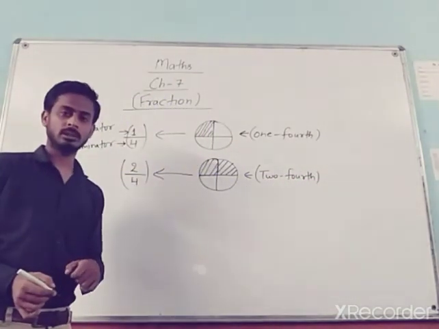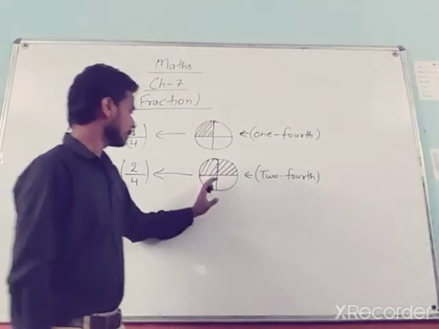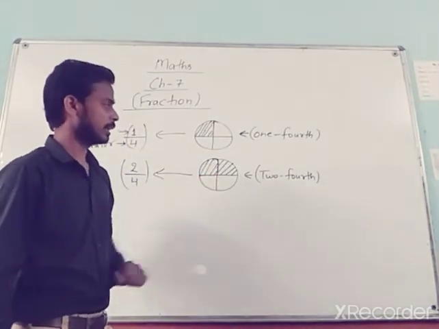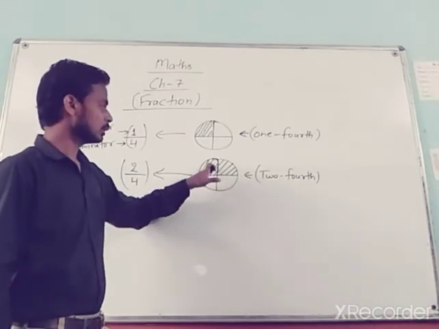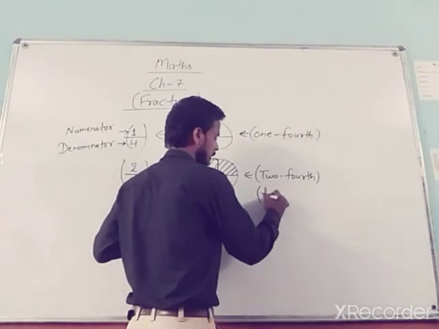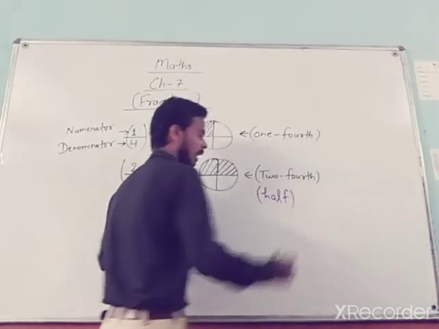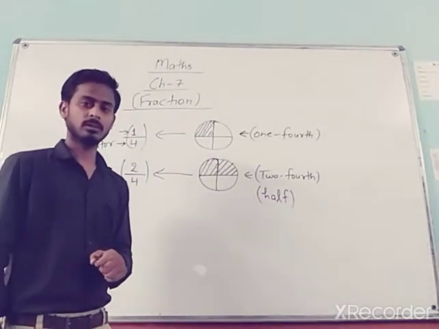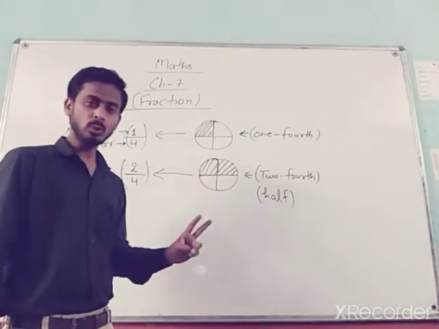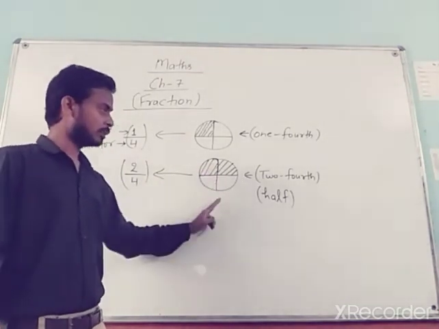in words. One thing, if we check, see, there are 4 parts and we take 2 parts, so it can be said as half. Is it clear? See, half of 4 is 2, and we have taken 2 parts from this 4.